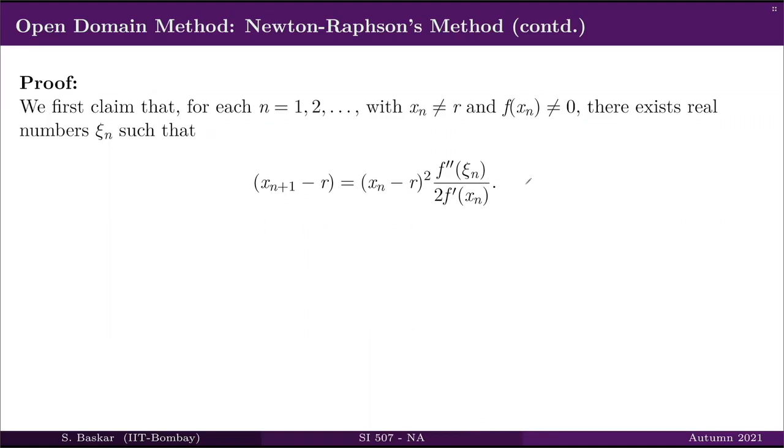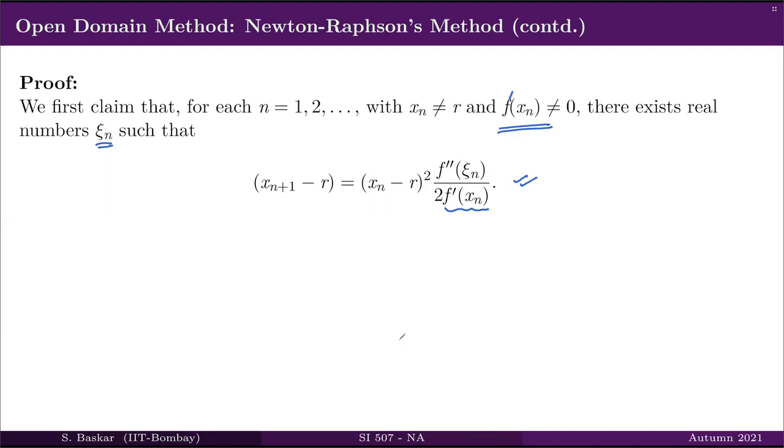As a first step, we will derive this expression which says that for n equal to 1, 2, and so on, if the corresponding xn is not equal to r and f dash of xn, sorry, there is a typo here, f dash of xn is not equal to 0 because that has to sit in the denominator, then we have to show that there exists a parameter xi n such that xn plus 1 minus r is equal to xn minus r the whole square into f double dash of xi n divided by 2 times f dash of xn.